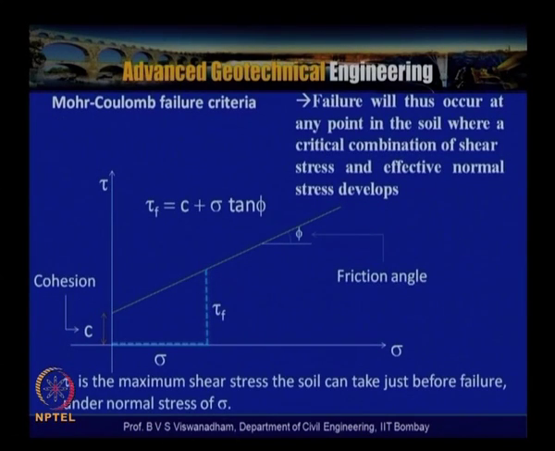Now Coulomb said that there are two types of parameters. One is the stress dependent parameter, and the other is the stress independent parameter. The stress dependent parameter is nothing but the friction between the grains, and the stress independent parameter is the cohesion, the interaction that develops between the soil grains.